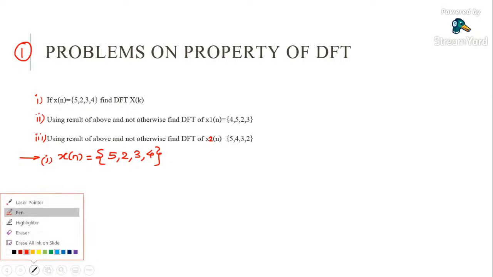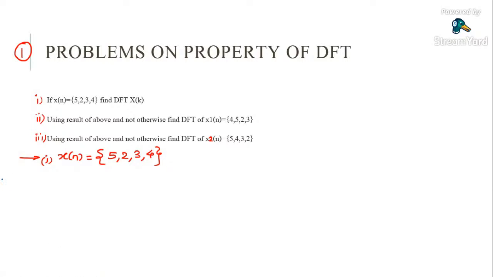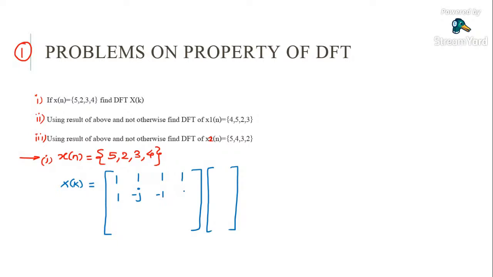Now we can solve the problem. First x of n is given, then find the DFT of this, that is x of k, using the DFT matrix and multiplying with x of n. The DFT matrix is 1, 1, 1, 1; 1, minus j, minus 1, j; 1, minus 1, 1, minus 1; 1, j, minus 1, minus j, multiplied by x of n, that is 5, 2, 3, 4.